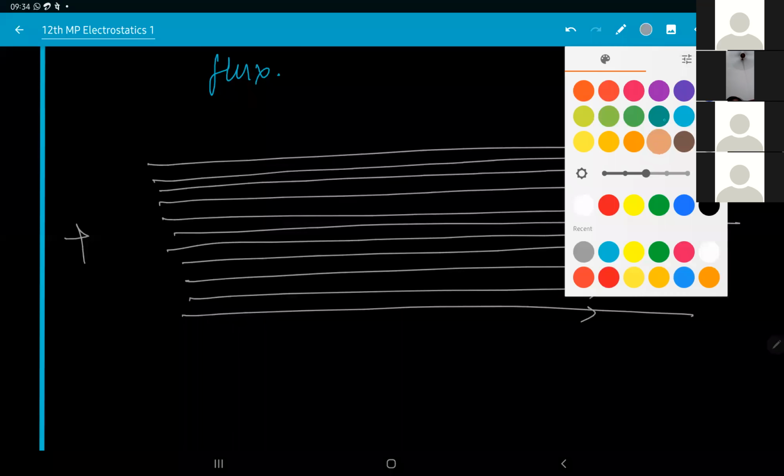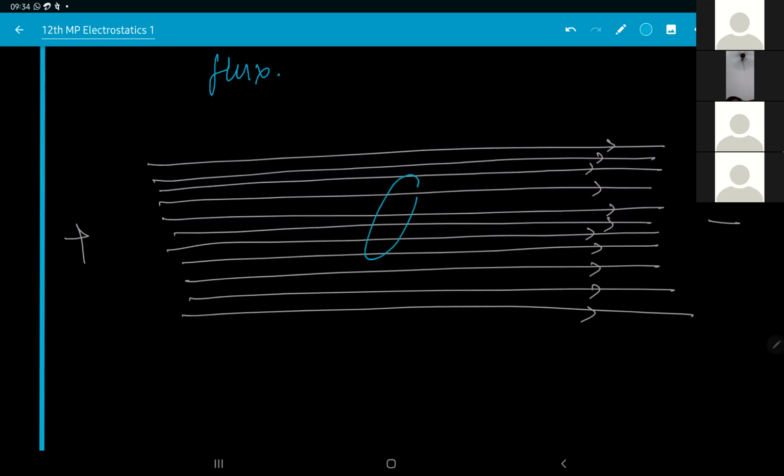And I have a surface here like this. If I place it vertically, then it would be the diagram. Definitely the number of lines passing through this surface are 4 and through this are 6 more.